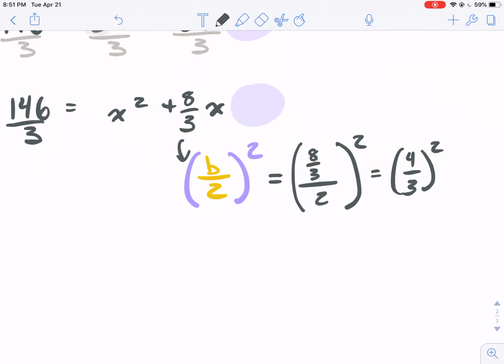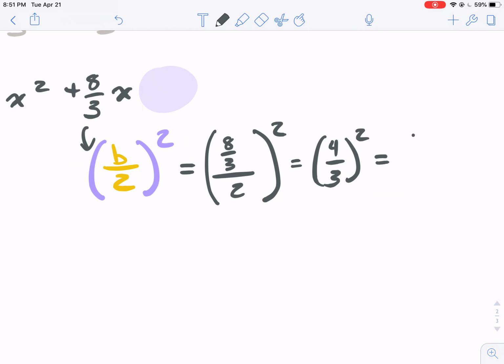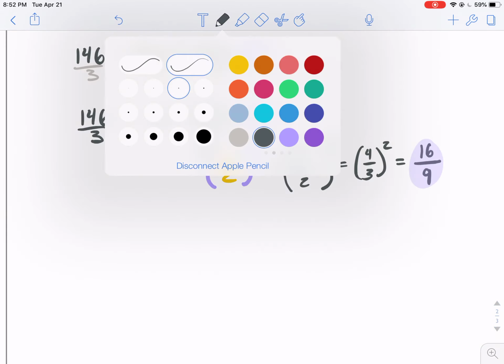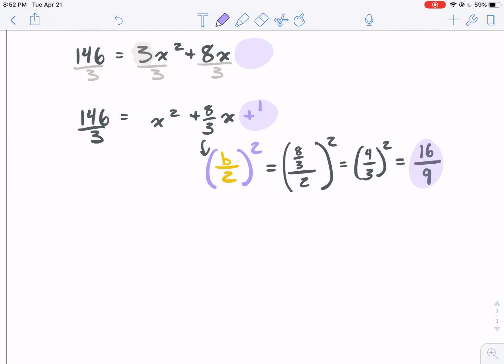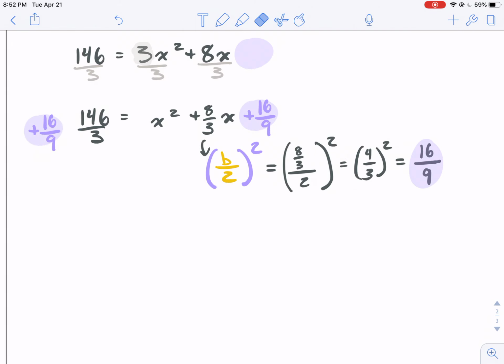So we want to find out, what is 4/3 squared? 4/3 squared is 4 squared over 3 squared, 16/9. So we want to add 16/9 to each side. So we're going to add 16/9 on this side and 16/9 on that side.